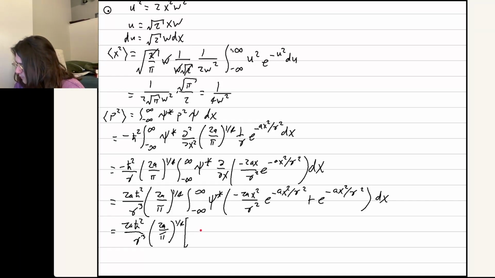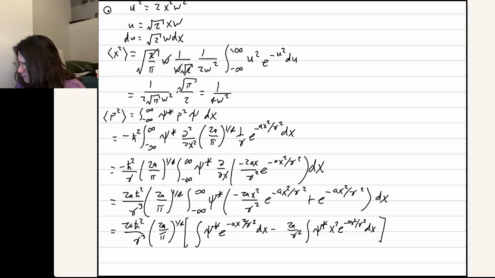So we have just the integral of psi star e to the minus a x squared over gamma squared dx minus 2a over gamma squared integral psi star x squared e to the minus a x squared over gamma squared dx, minus infinity to infinity.